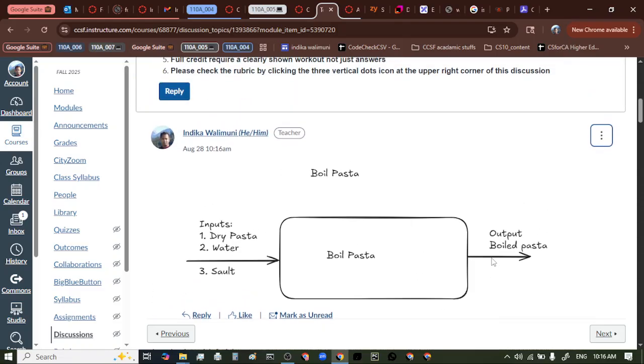So we call this a black box. Later on in the class when you write functions, you can do the same thing and ask yourself what you are given, that's your input, and then the action that you want to accomplish is the function that you write, and then the output is there. In the software industry, we call this whole thing the black box.